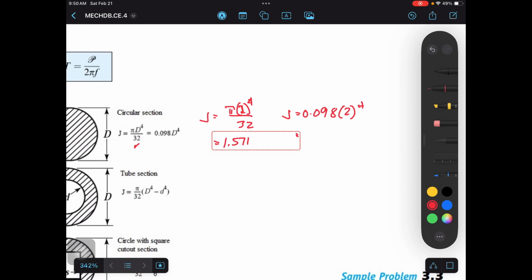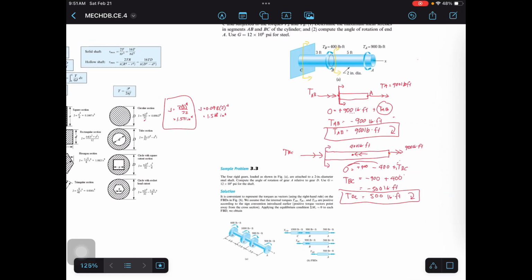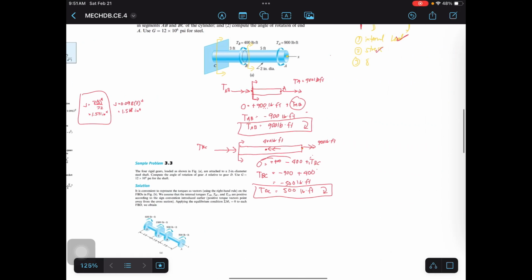If we use the other one, 0.098 times 2 raised to 4, this is equal to 1.568. The unit is inch raised to 4. So, there is a discrepancy when a different J is used. For this one, let's use this. When you use it yourselves, it's okay to use either one. So, let's use that one.